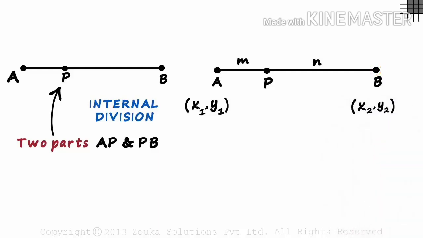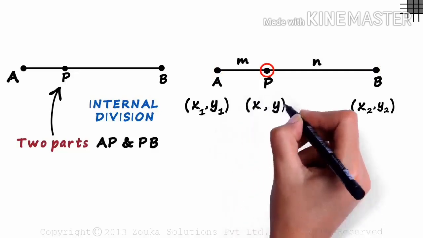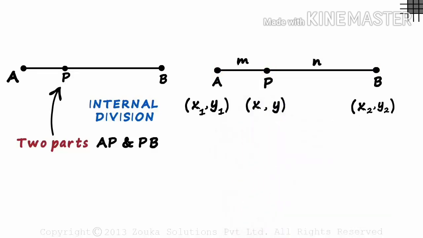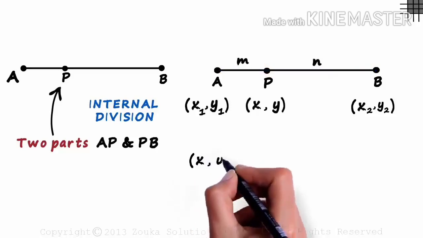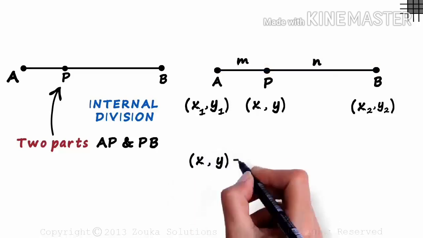What we would be really interested in is the coordinates of point P given the coordinates of these 2 points. Let the coordinates of point P be x, y. We have the coordinates of points A and B, and we have the ratio in which the point P divides the line segment AB. We have to find x, y using all the information we have.